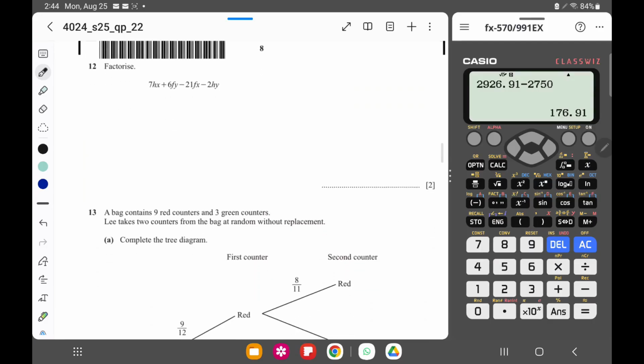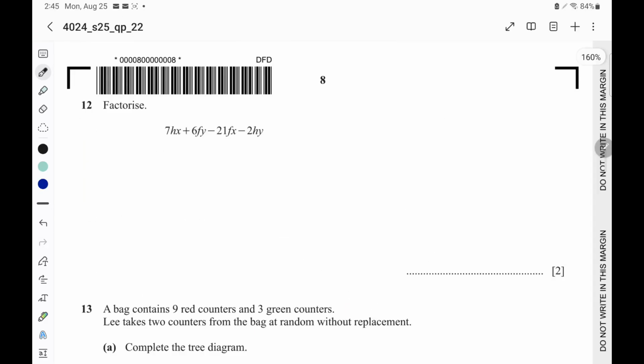All right, the next question, question number 12, is to factorize 7hx plus 6fy minus 21fx minus 2hy. You can see there's nothing common, so we'll have to change the order accordingly. So that is 7hx, and then you can keep 21fx with it, minus 21fx, and then minus 2hy, and then plus 6fy.